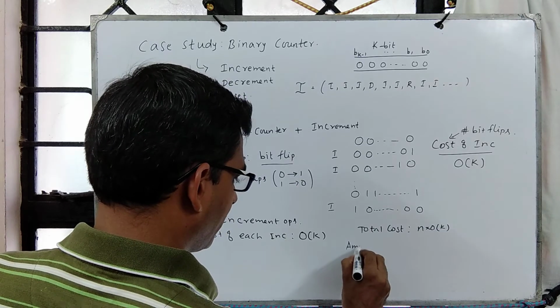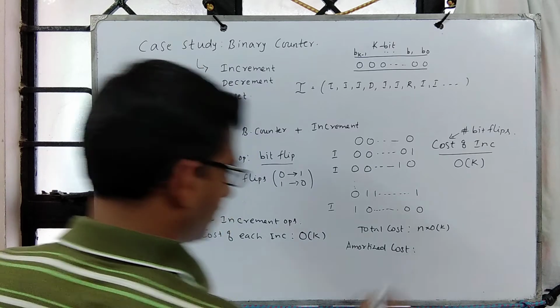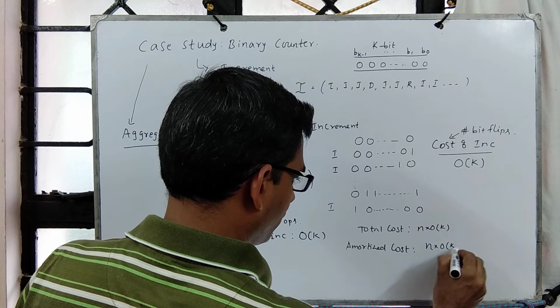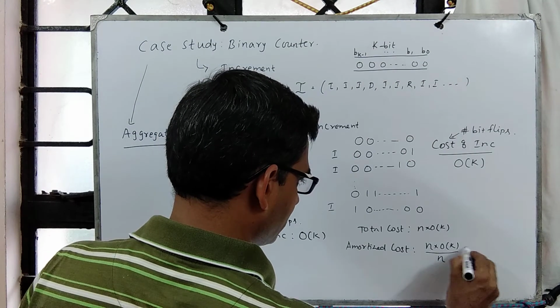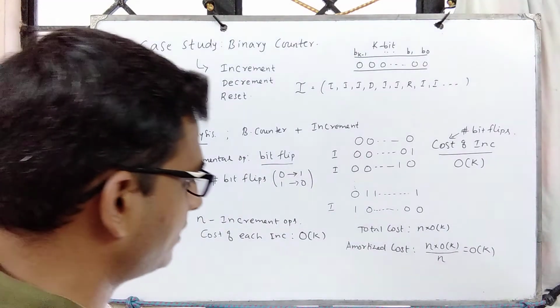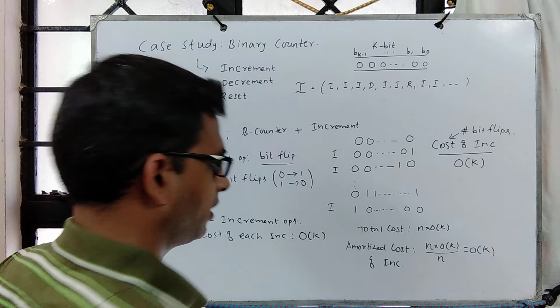We look at amortized cost. So amortized cost is the average over n. So n into order k, total cost divided by n. So we say order k. This says the amortized cost of increment is order k.